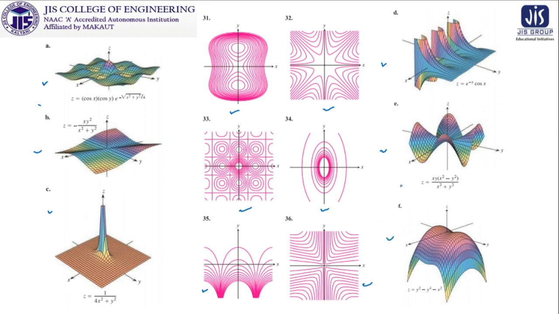Your job is to map, for which surface, what is the representation of the level curve. This is a matching problem, and you can get the clue by looking at the surfaces very cautiously.